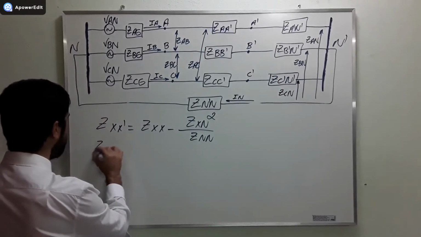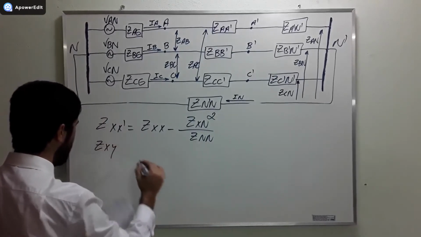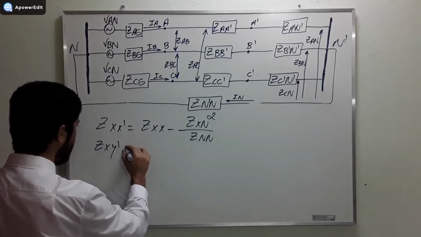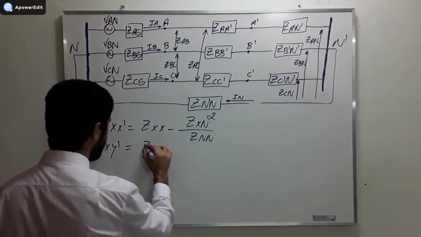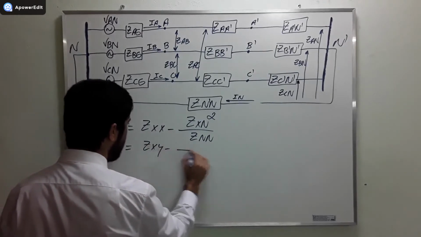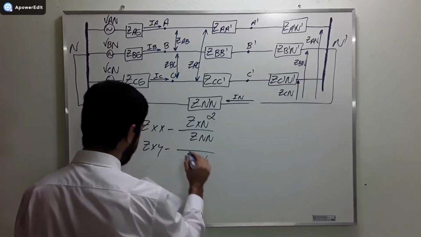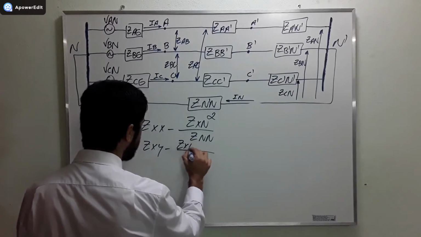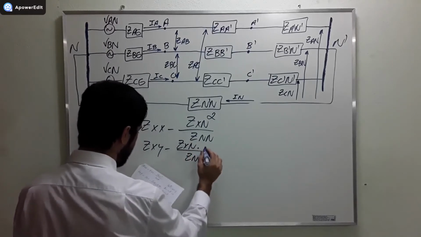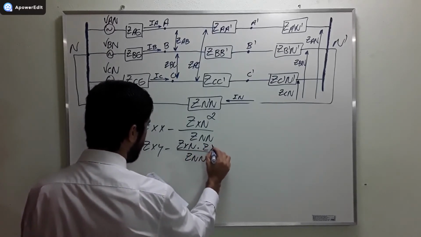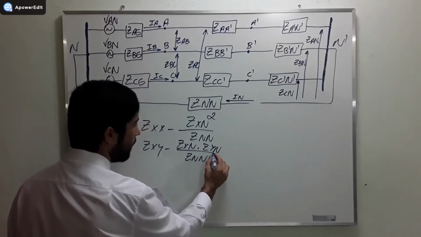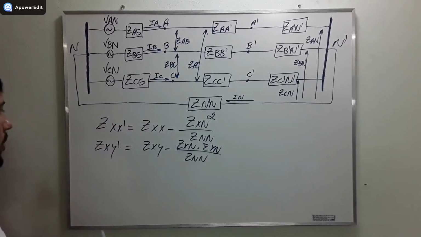And Zxy prime is going to be equal to Zxy minus Zxn times Zyn divided by Znn. Alright? Do you guys get it?